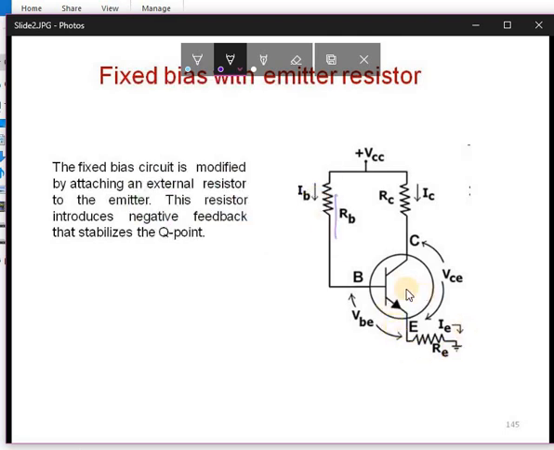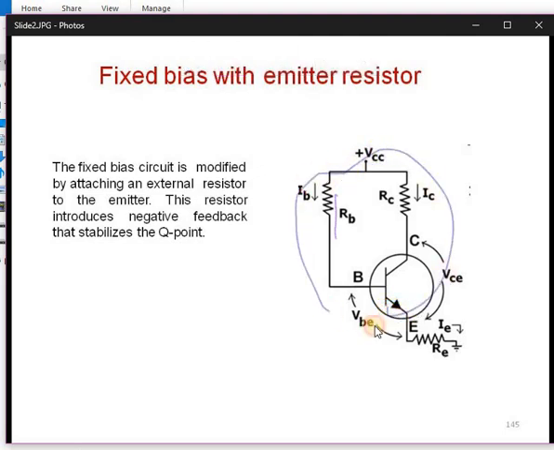So that means the fixed bias circuit is modified. The fixed bias circuit means up to this, from this part, this one is our complete fixed bias circuit. But in this case, that is fixed bias with emitter resistor, we are connecting one external resistor, the emitter resistor, to the emitter terminal.